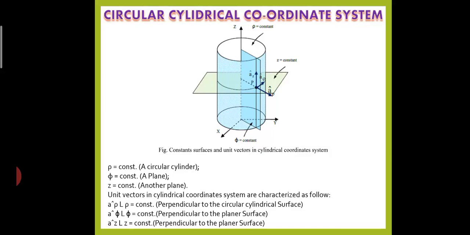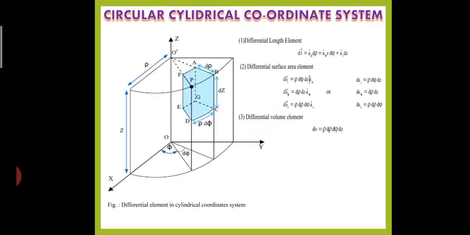See in the figure, the point P in a cylindrical coordinate system has three coordinates r, phi and z, whose values lie in the respective ranges given in this figure.